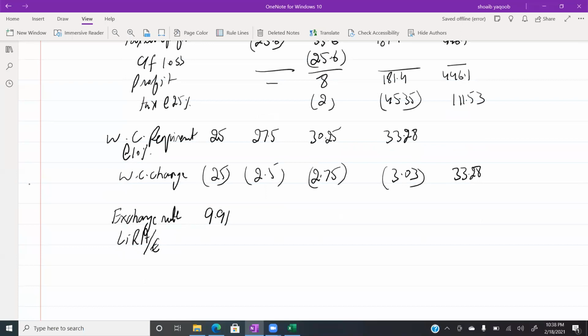And lira inflation is 10%. And the euro inflation is, what is the euro inflation? 4%. So next year it will be 9.91 into 1.1 divided by 1.04. It will be 10.48, right?